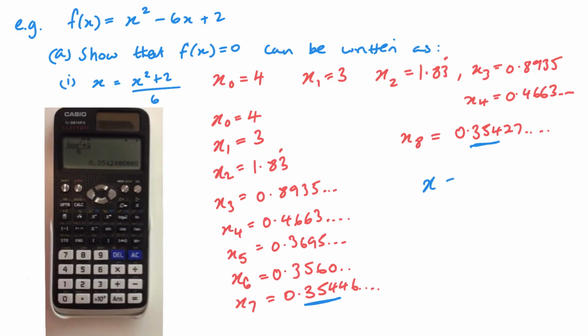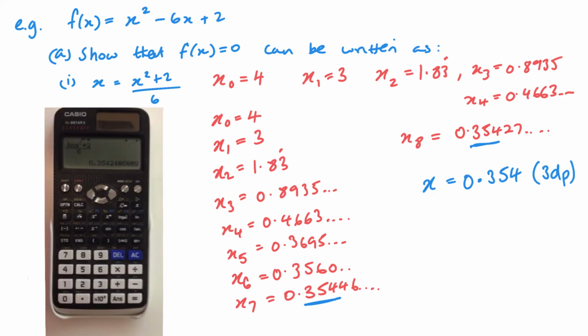So my x value is 0.354, correct to 3 decimal places. But it needs to be 2 in a row, so 2 consecutively, and they have to round to the same value. Okay, so obviously, had I had a value here that was like a 5 or a 6, then this would have rounded up to 5, so it wouldn't have matched up, just for example.